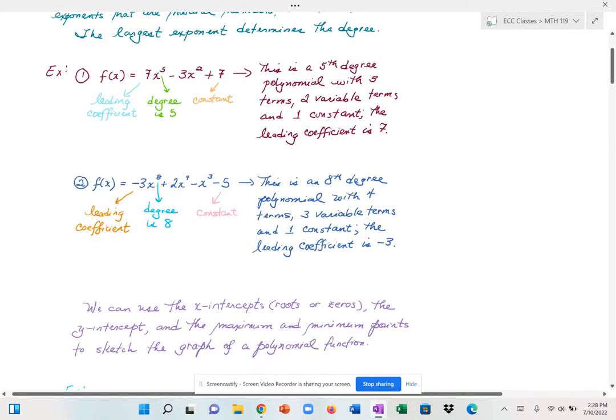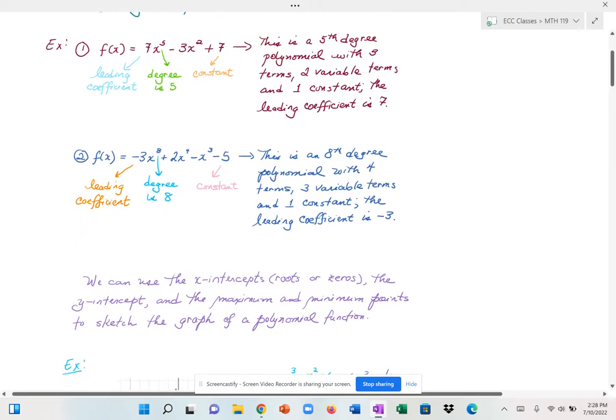To help us graph, we can use x-intercepts, which are also called roots or zeros, the y-intercept, the maximum and minimum points to help us sketch the graph of a polynomial. So remember, we talked about maximums and minimums when we were talking about quadratic functions.